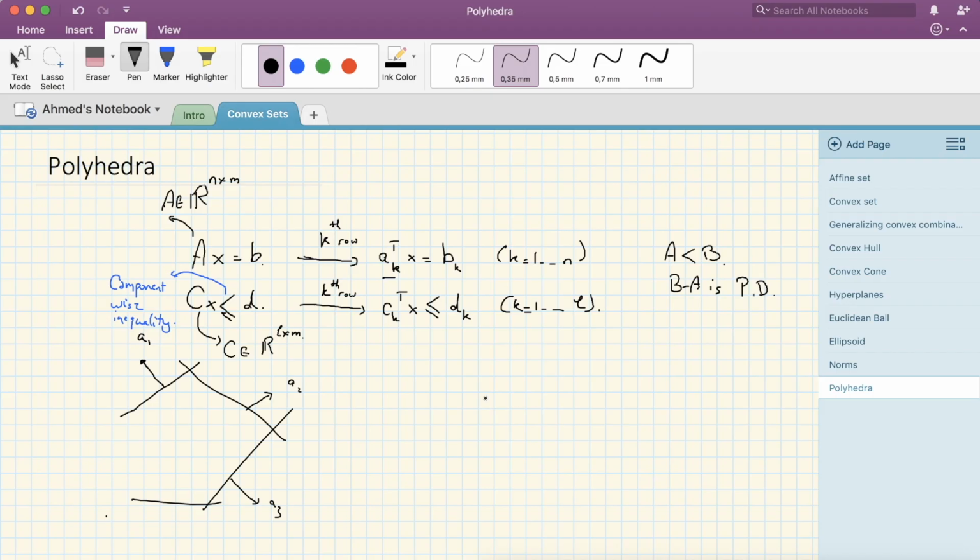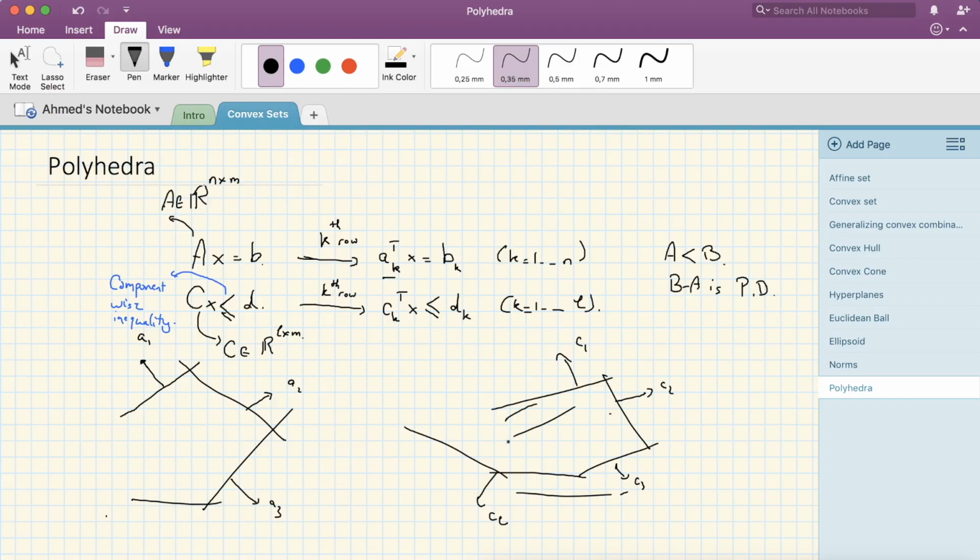So if we want to draw Cx less than d, it's the same thing. You have those hyperplanes c1, c2, c3, all the way to c_L, and in that case, it would be the interior, because it will be defined as the half space. So it's everything to the bottom. It would be something like that.